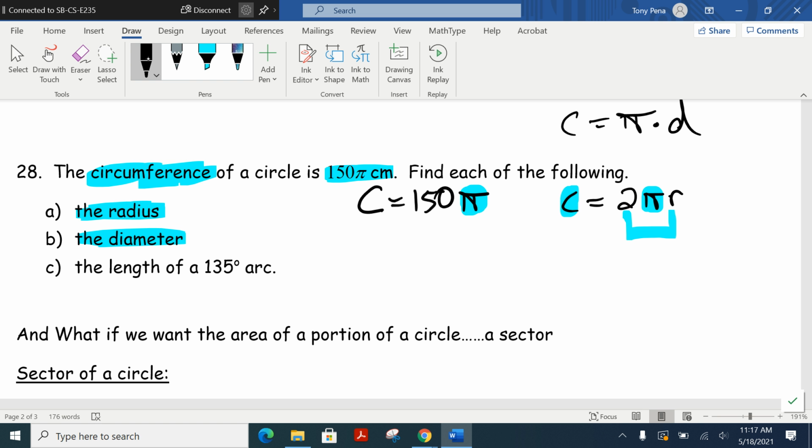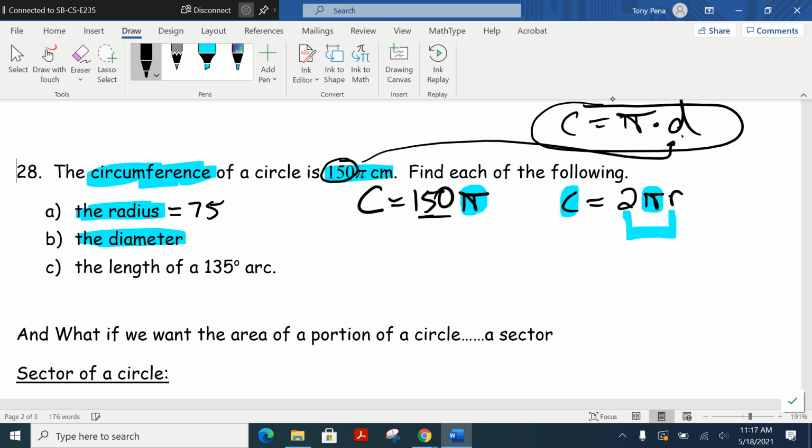If that's the case, what does your radius have to be? What do we think? It's got to be 75, so that if I double it, I'm going to get the 150. If we use this formula, it's even easier, right? Because this is the diameter times pi. So doesn't 150 have to correspond to your diameter? So that has to be 150.